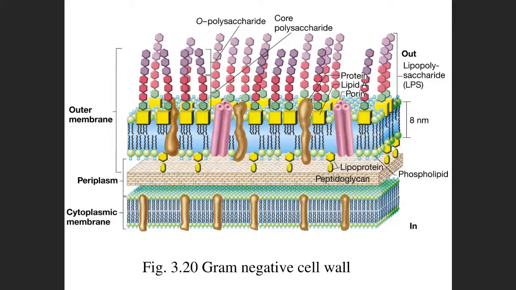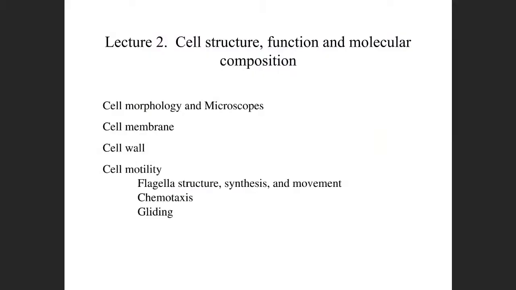So I'd like to now cover a few unique structures on the bacteria. We often say when you look at a bacterial cell, there's not much structure you can see. And one is the flagella.